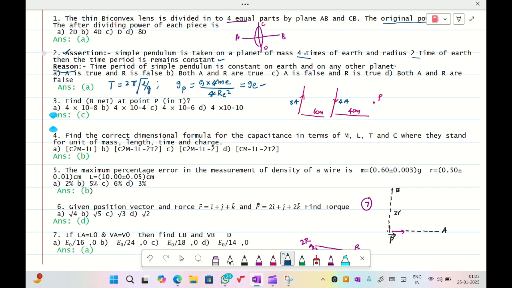If any other factors, values are changed, then it is not constant. It will be changed on another planet. Therefore, the reason is wrong. Therefore, A is true, R is false. So option A is correct. Here also, for the first question, 2D, option A is correct.